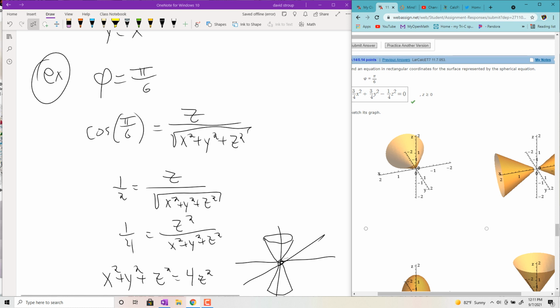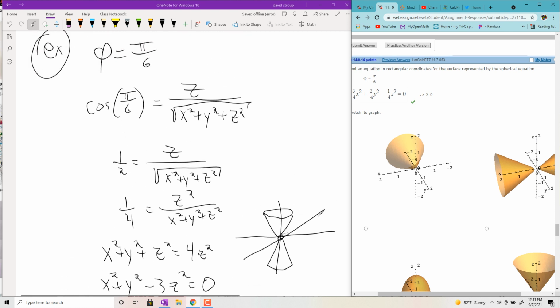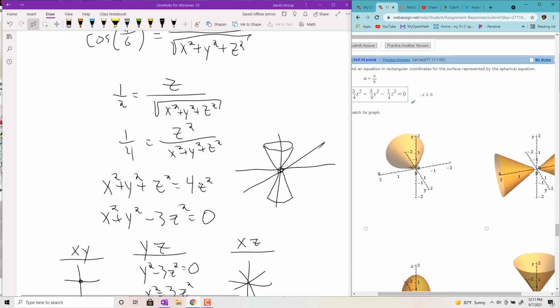What else? Why is my answer different? Cosine of pi over 6 is 1/2. I squared it. 4 minus 3.